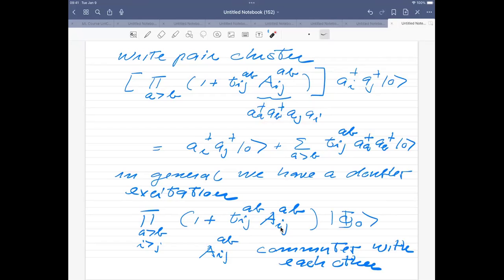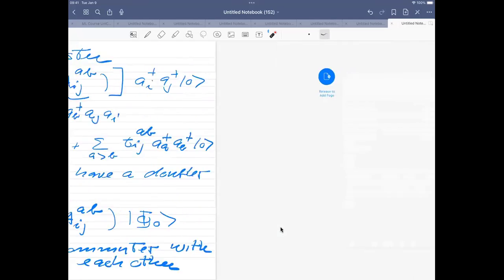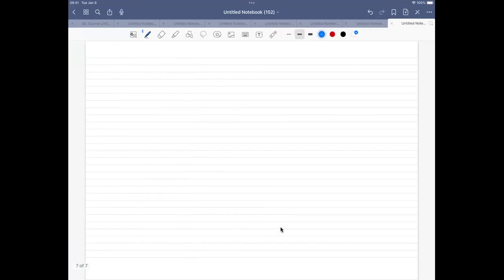But in general, what we can do now is define the generalized coupled cluster function, and this follows very much the same spirit as when we derived Thouless's theorem. Because we're generating clusters of excitations, these would be coupled.